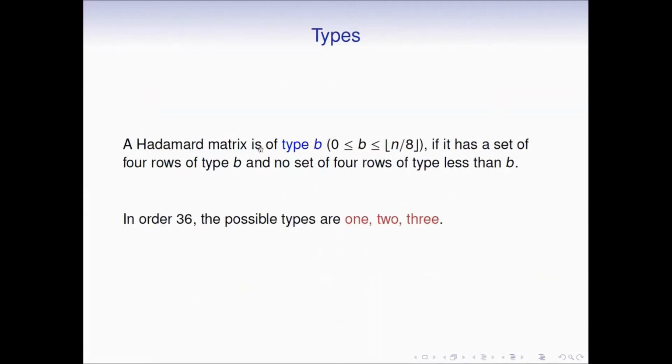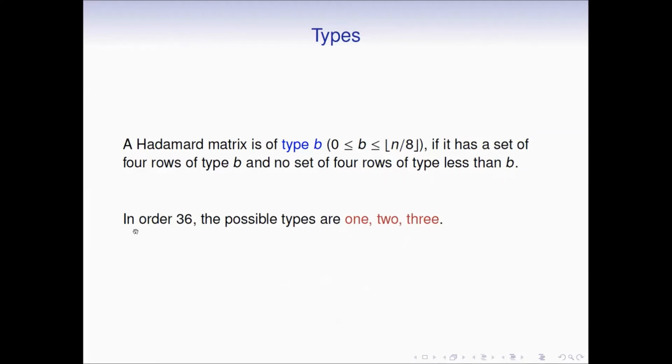And the Hadamard matrix is called type B, a number between 0 and n over 8, if it has a set of 4 rows of type B and no set of 4 rows of type less than B.